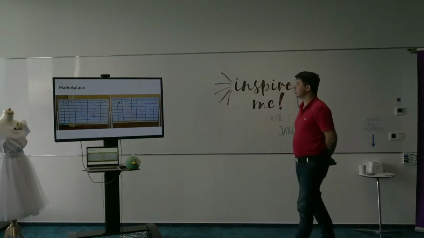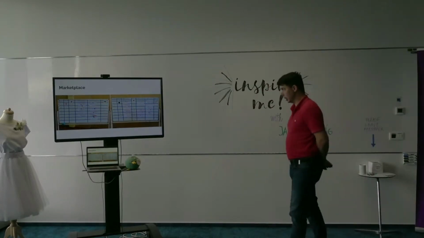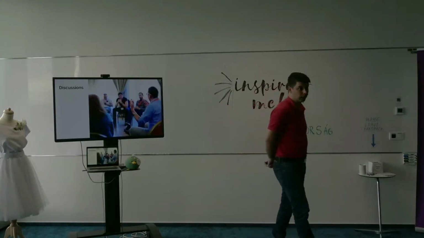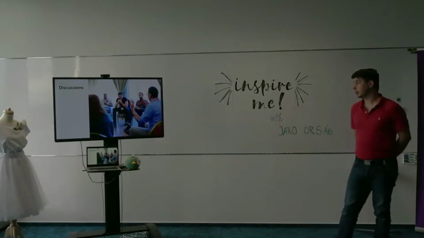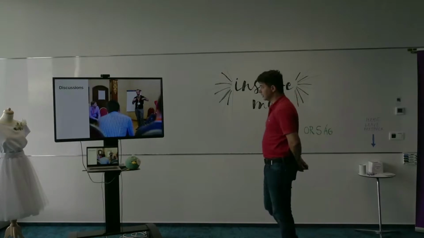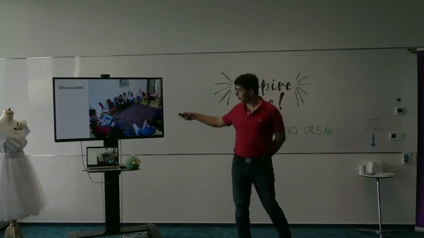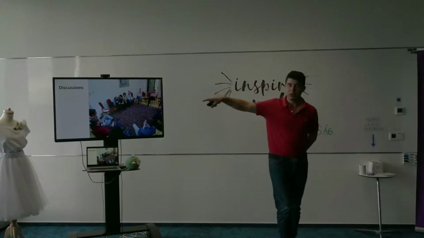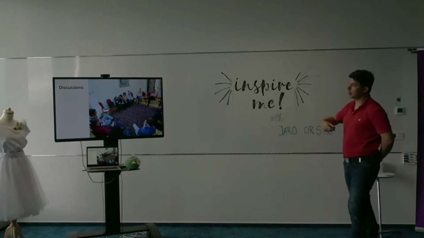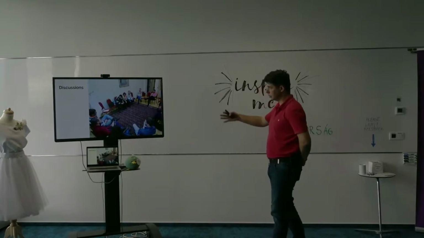So after this marketplace is set up and settled down, discussions are going to start. And again, the setup of the rooms is similar to what we have seen at the beginning. The people are sitting in a circle setup, and again, this is very important. It encourages people to discuss the problem, to speak.